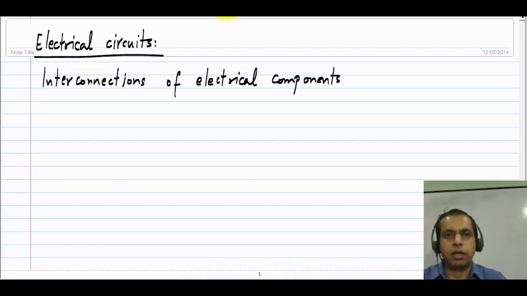Now we certainly cannot afford to do that for a very complex circuit. So it turns out that we will not directly deal with charges and fields, but some other equivalent representations which effectively mean charges and fields. We will deal with currents and voltages, alternative representations of charges and fields.